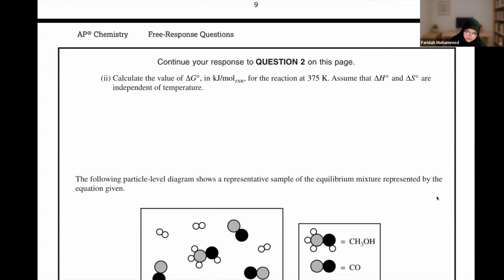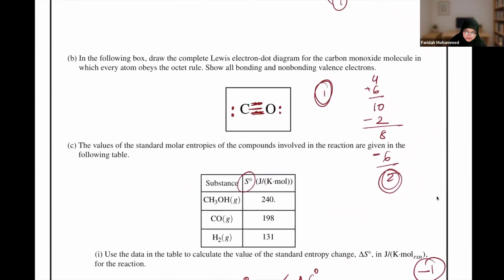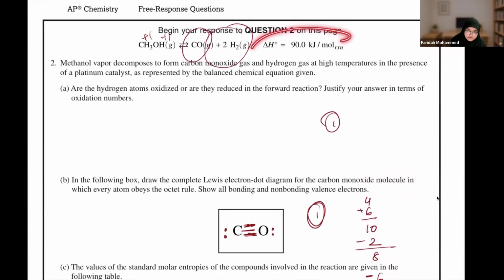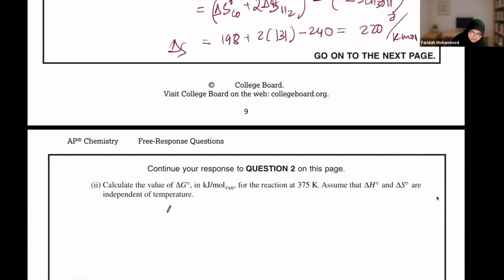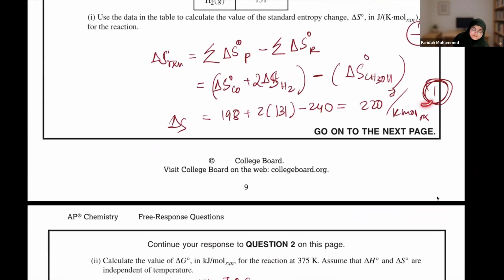Okay, calculate delta G for the reaction, assuming delta H and delta S are independent of temperature. So you have delta S, you also have delta H, right? So you can just plug it in. Most mistakes happen when you do not convert the joules into kilojoules. Make sure to have your delta S in kilojoules.